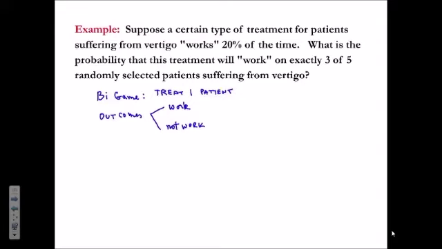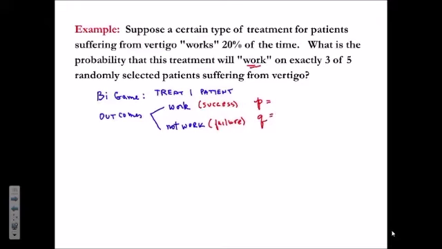Now, what are we looking for here? We're looking for the probability that the treatment will work 3 times out of 5. So we're going to call work success. That means not work is failure. And that also says, therefore, P always goes with success, and Q goes with failure.